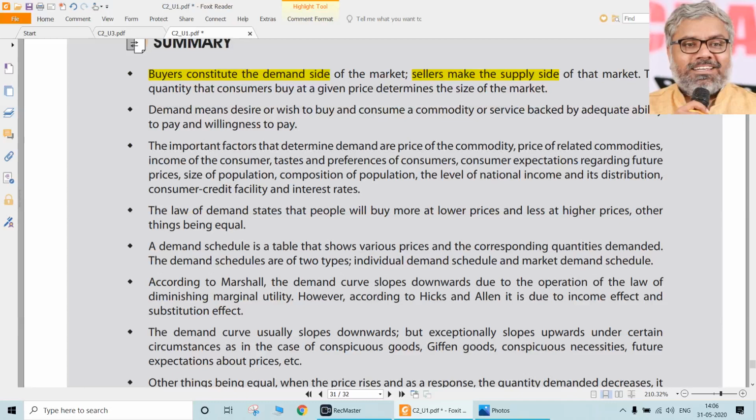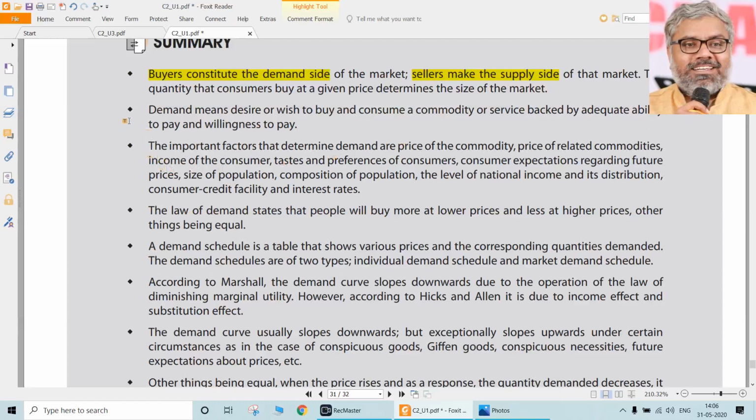For a market to exist, both will be there simultaneously, then only there is a possibility of a transaction, and then only a sale happens and a purchase happens, and then only we can talk about the demand and supply of goods and services. That is the general understanding of how the market works.